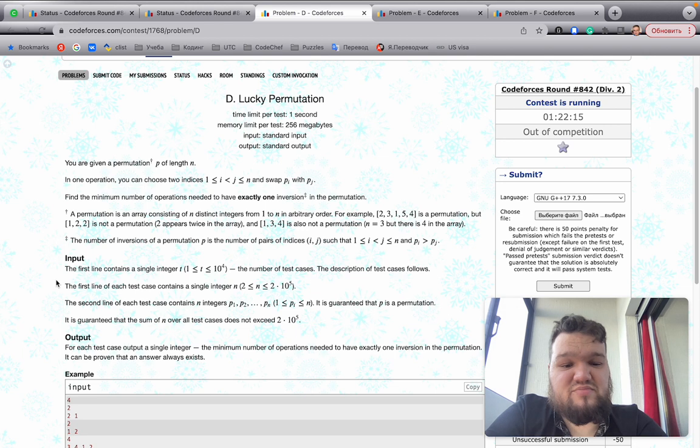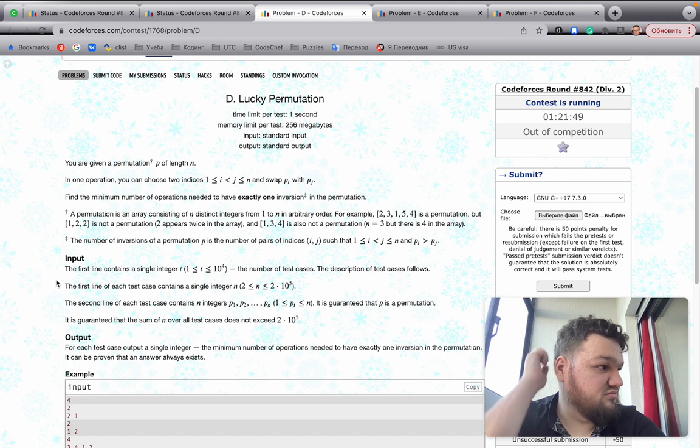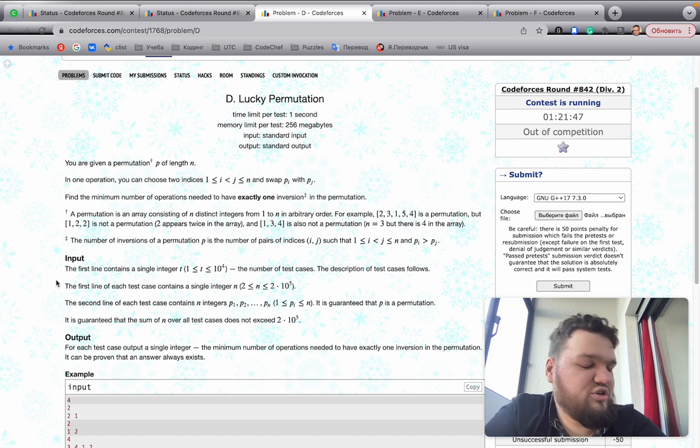Well, we cannot merge cycles. So if two elements are in two different cycles in the beginning, they will remain in two different cycles. So to succeed, we have to have two consecutive elements that are in the same cycle. If we do have those, we can make sure that they remain in the same cycle.